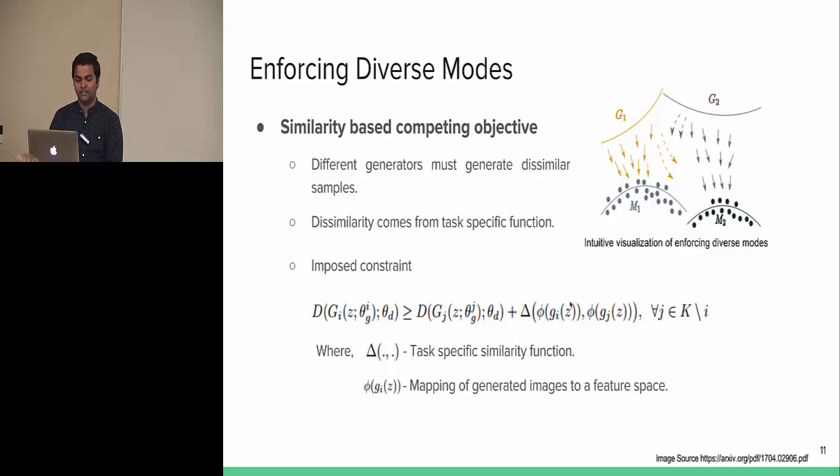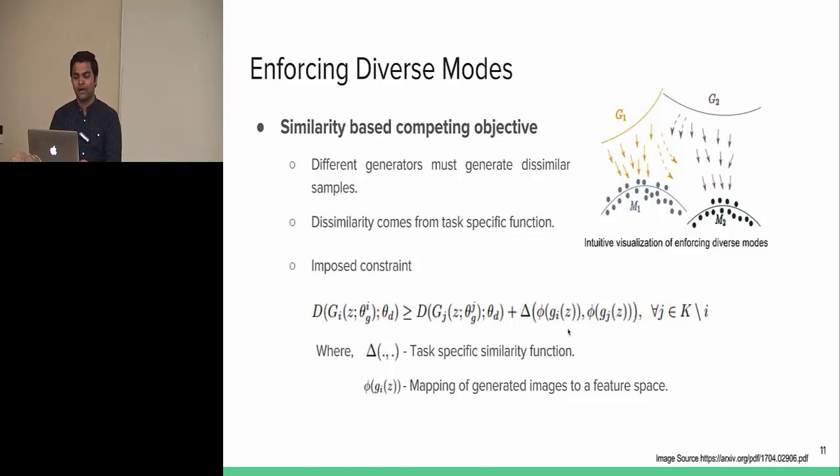Gi of Z represents the image that is generated by the ith generator. Gj of Z represents the image that is generated by the jth generator. This function here is used to map the generated image to a feature space. This feature is extracted from the discriminator which you have trained.